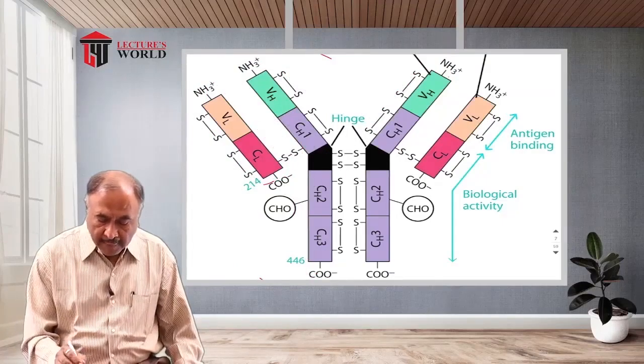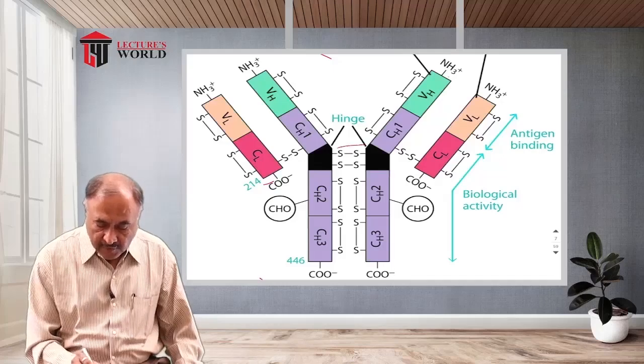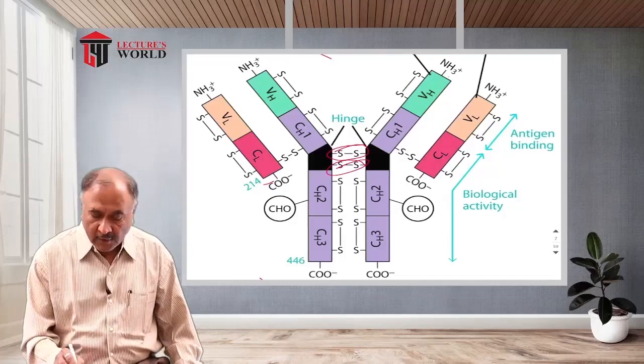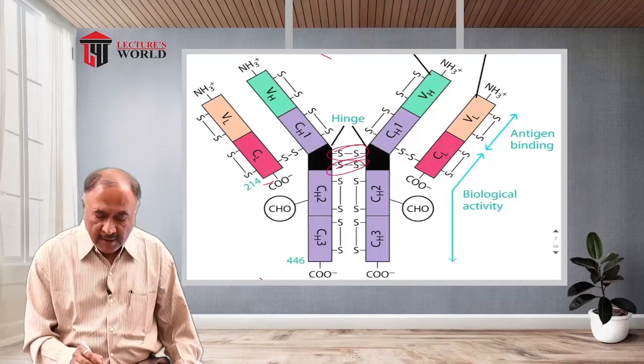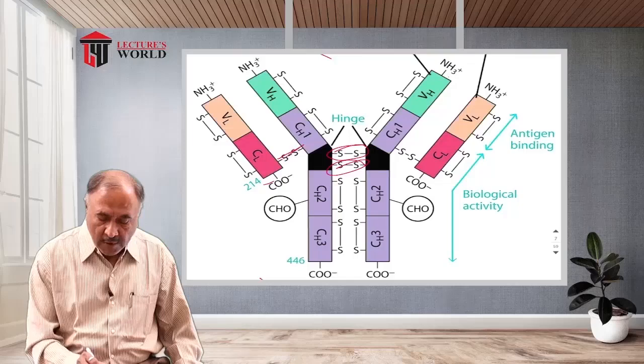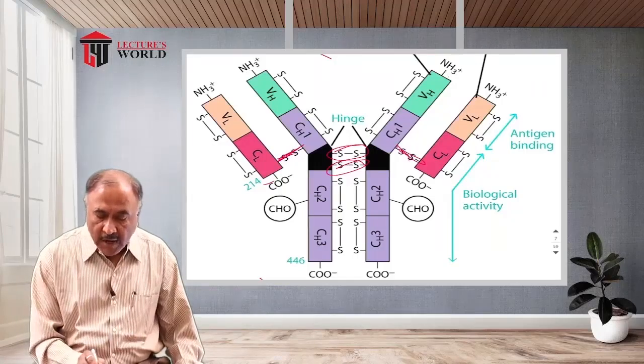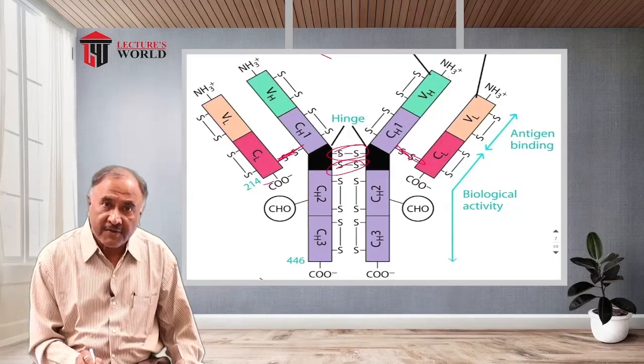One, this is the one, this is the other one. So basically, this is bound here, this is bound here, and these heterodimers also bind with one another by disulfide bridges.